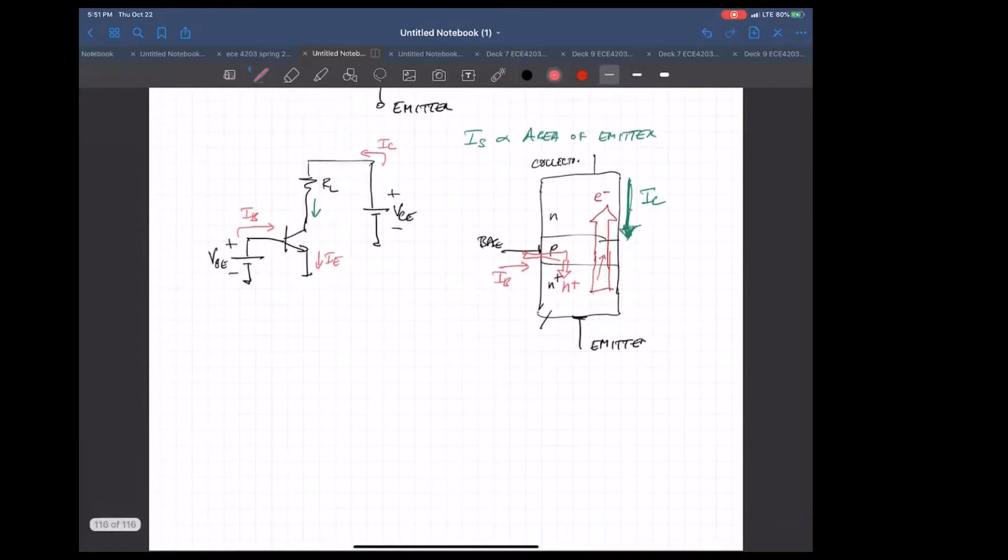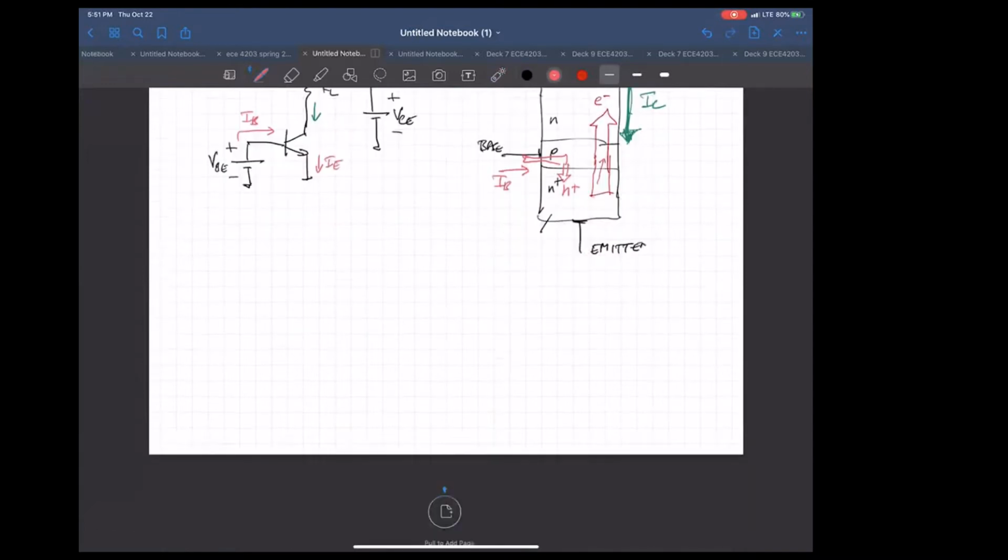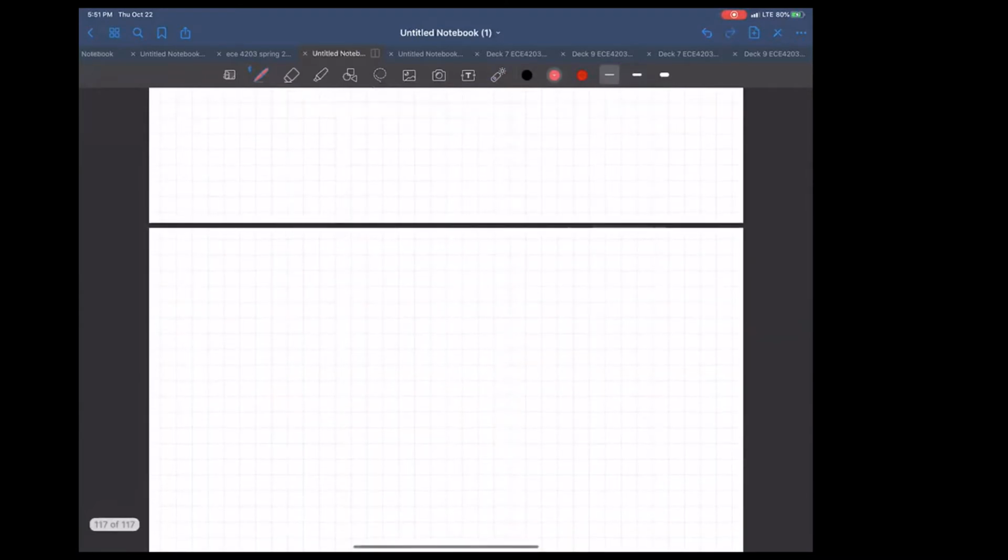Okay, so let's see. This is actually a good segue into looking at example 4.5 in the book. It says, okay, let's take this thing I just drew. Put in a VBE of 750 millivolts.